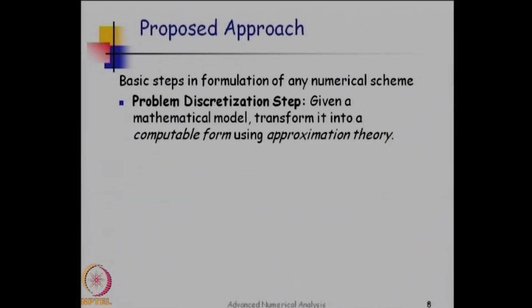A computable form is one to which known computation tools can be applied. Now this problem transformation is carried out using tools or approaches developed in approximation theory, a well developed branch of applied mathematics.